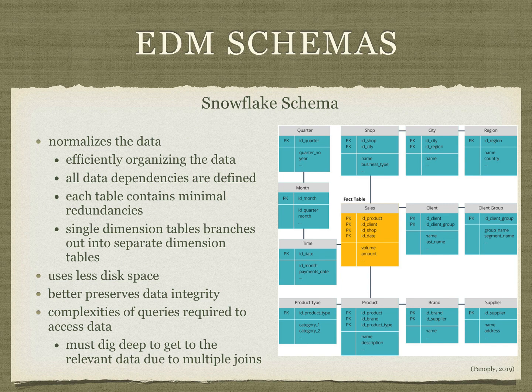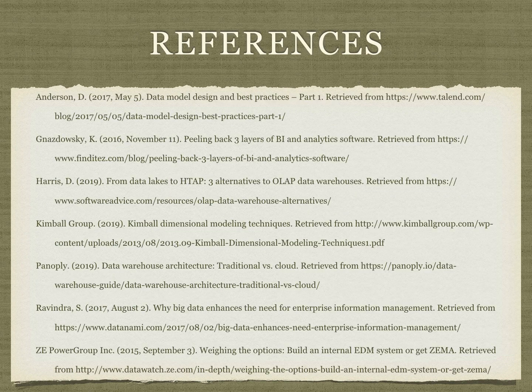It better preserves data integrity, but it requires complex queries to access its data, meaning it must dig deep to get to the relevant data due to multiple joins. The visualization to the right on the slide illustrates an example of what the snowflake schema looks like.